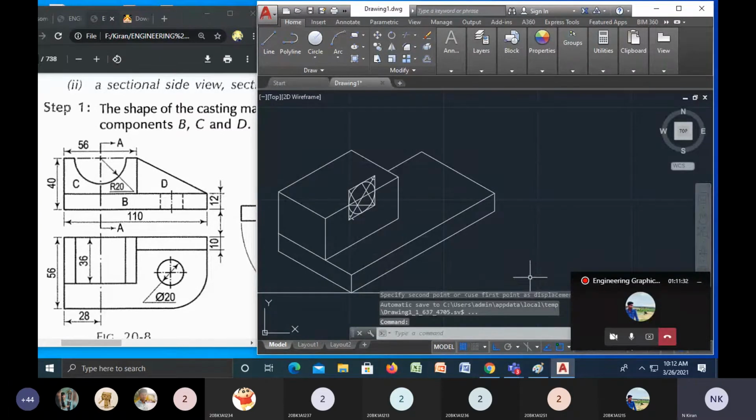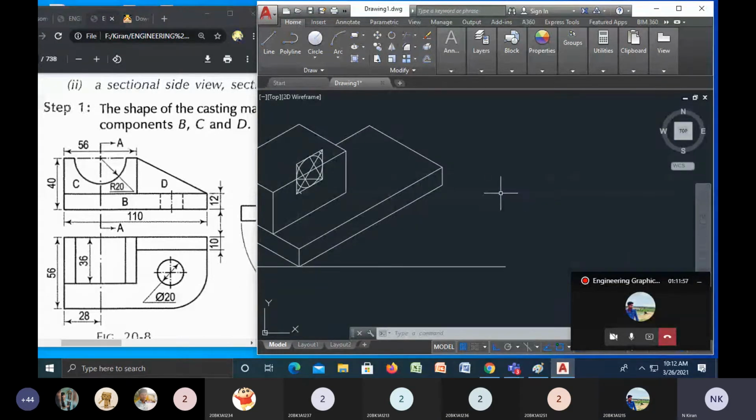Sir, is the curve R20 from the center point? Is it okay? The curve is looking like much more than R20. Okay. Actually, this is your R20. So we have to take, what is the square box we have to take? 40. 40 by 40. Okay, right.